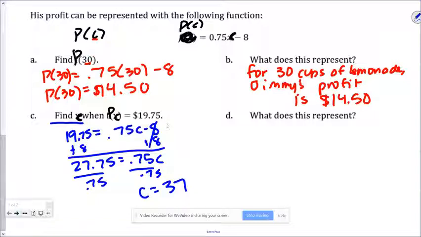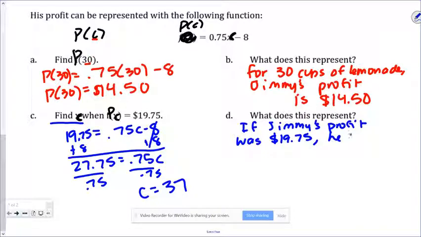So what does this represent? So they gave us this value. So if your total profit was $19.75, that means Jimmy had to sell 37 cups of lemonade. So if Jimmy's profit was $19.75, he sold 37 cups of lemonade.